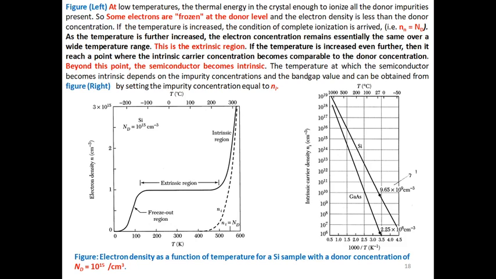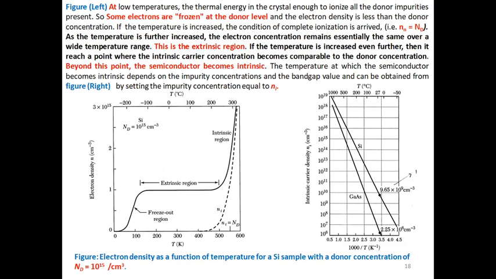In this figure we have the electron density and hole density as a function of temperature, and on that basis how it shifts from an extrinsic semiconductor to an intrinsic semiconductor.